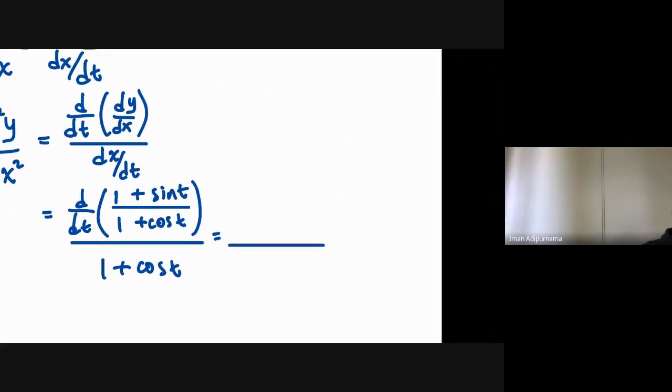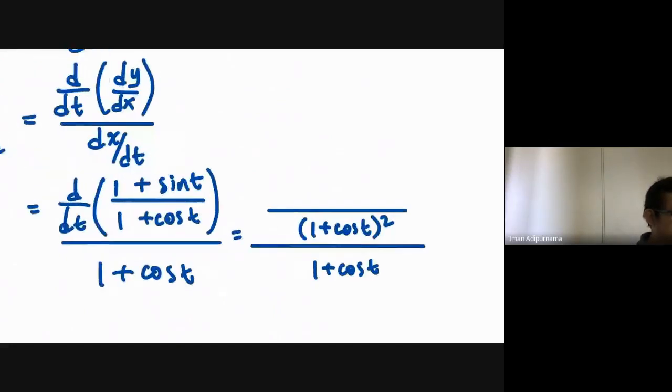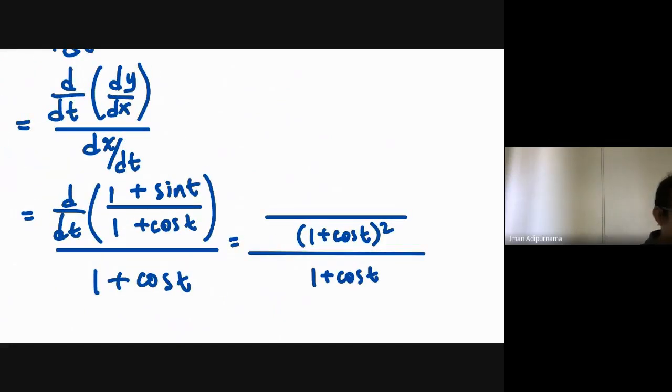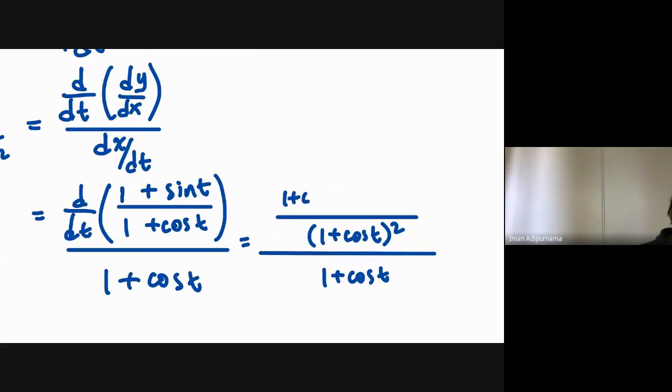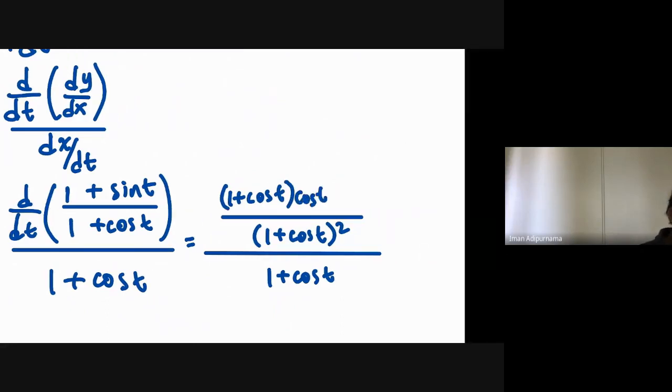So the 1 plus cos t will be squared. And then this will be 1 plus cos t, and then cos t.